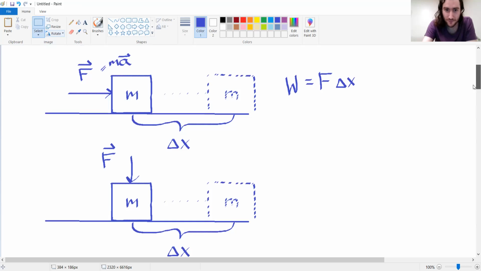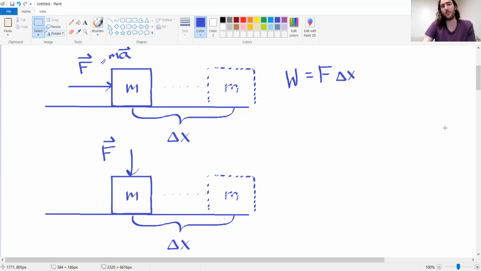Compare with the situation above. Above, it's pretty clear we're pushing this mass to the right. And so that force is the one that does work to move that box. Well, here in this situation at the bottom, if we apply a force on this block from above, that's not going to be a force that's going to move this mass a displacement delta x. And so this force here, we would say does 0 work to move this block, because that force doesn't actually move the block.